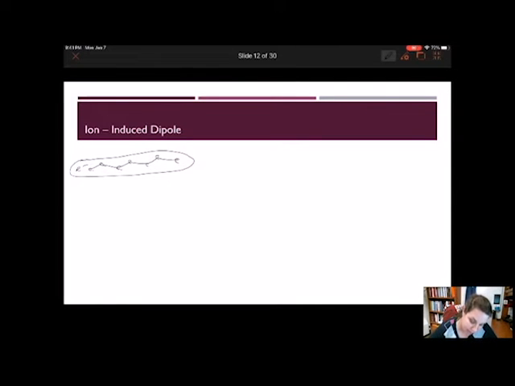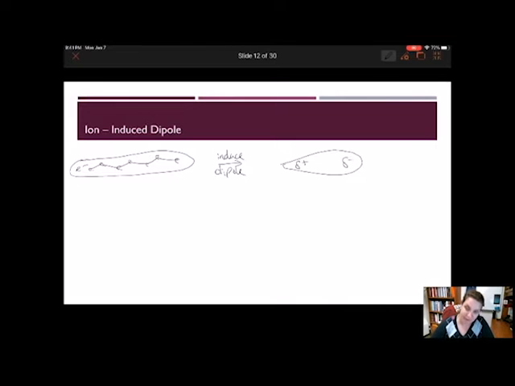However, if we induce a dipole, we get a shift of electron density in one direction or another, and we can get something that looks more like this. So we have a partial negative and a partial positive because of a shift of electron density in one direction or another. Again, this is temporary. This only occurs for a small amount of time.